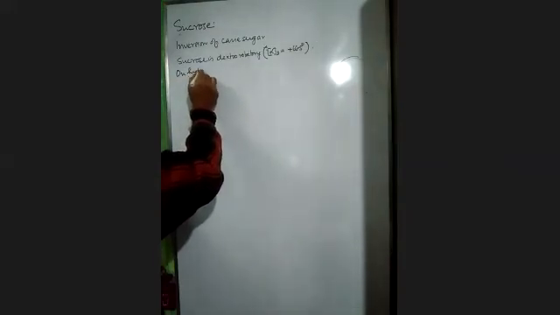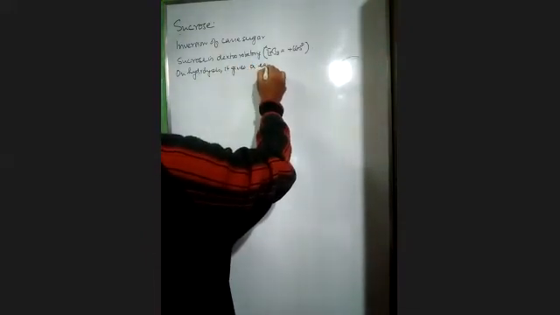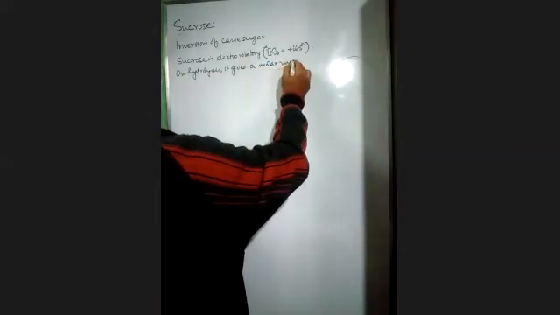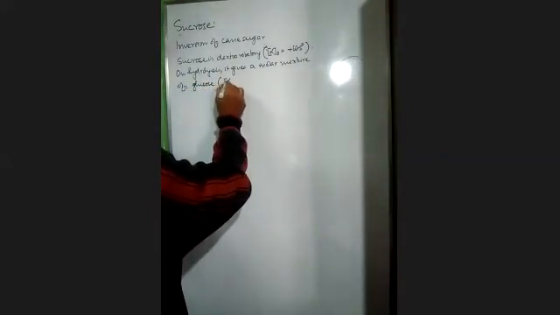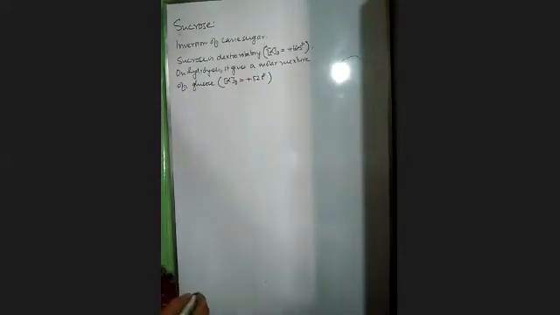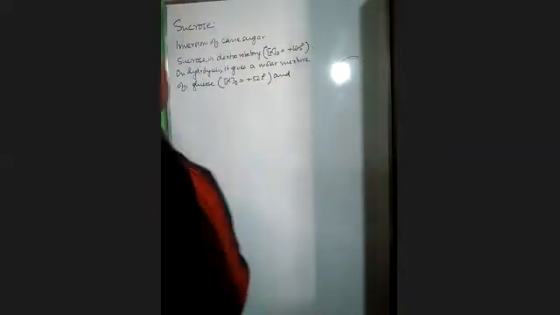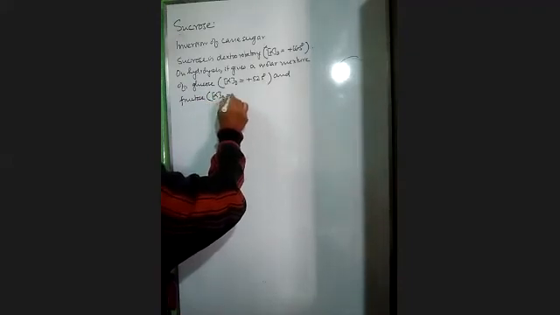On hydrolysis, it gives an equimolar mixture of glucose, alpha D plus 52.5 degree, and fructose, alpha D minus.